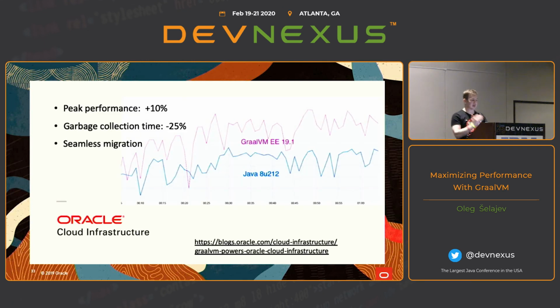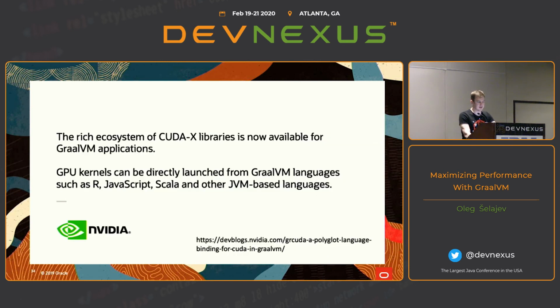Not long ago, actually a couple of months ago, the Oracle Cloud Infrastructure team rewrote some of their services to switch them to use GraalVM. And they saw peak performance and garbage collection time improvements. And the migration was really, really seamless, right? It's a compatible thing.